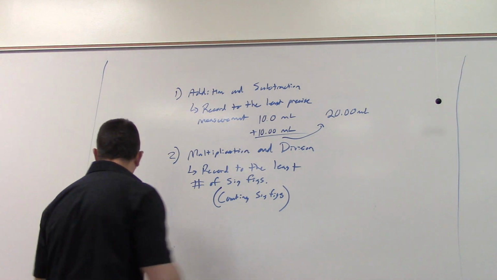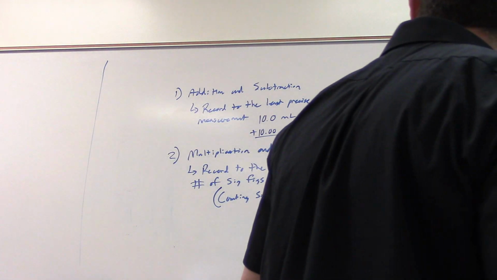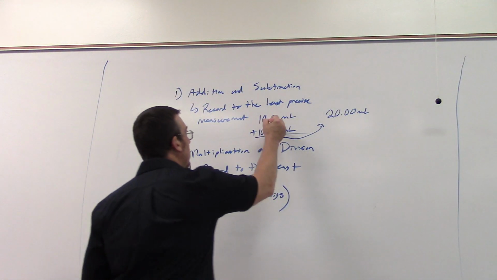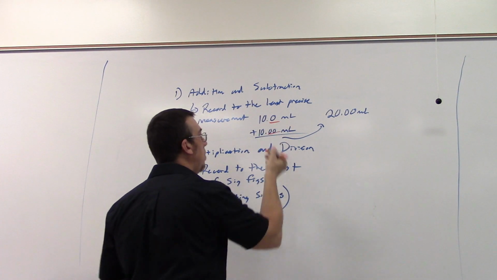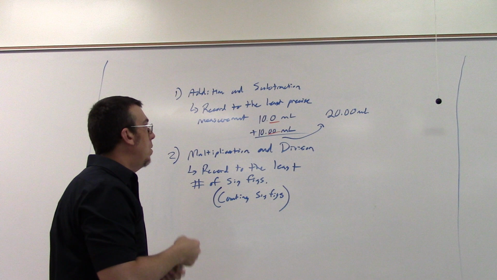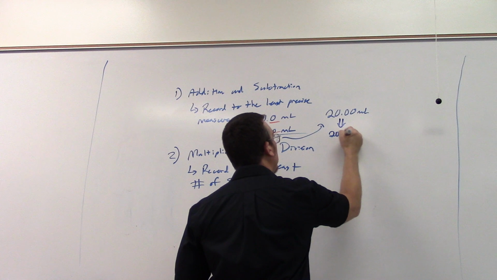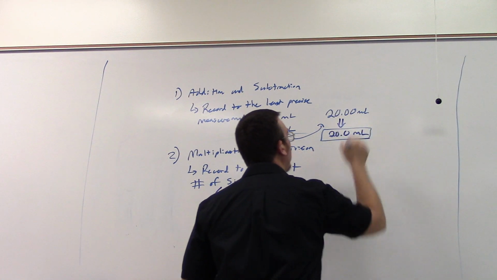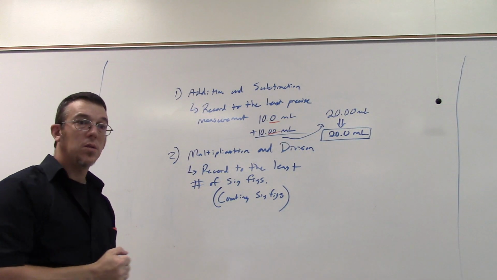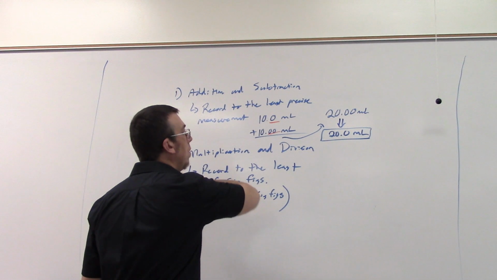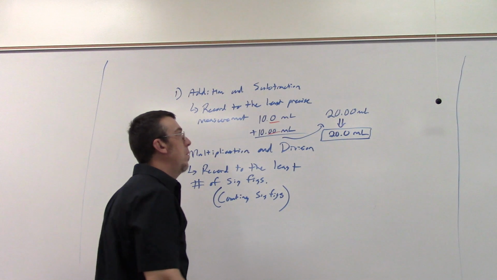So when I look at this measurement up here, what I notice is that the first measurement, 10.0, goes to only one decimal place, whereas the second measurement goes to 2 decimal places. And so the final answer really needs to be corrected to only 1 decimal place. So the answer would be 20.0. Again, that goes back to making sure that you understand the rule that you record the least precise measurement, and that in this particular example, it's to the first decimal place.